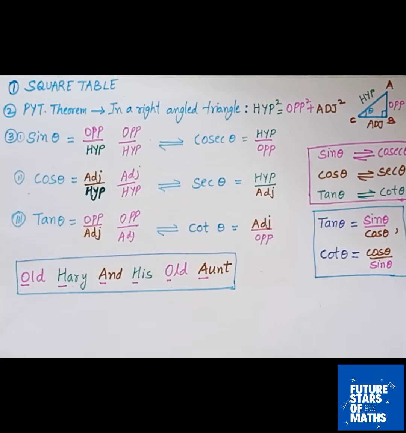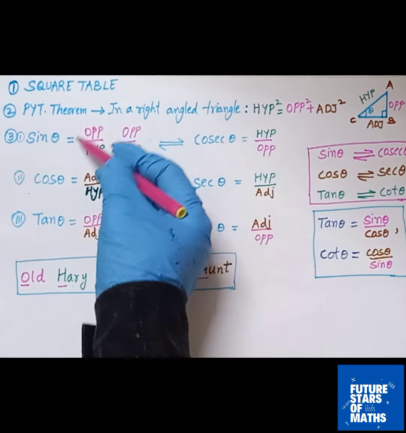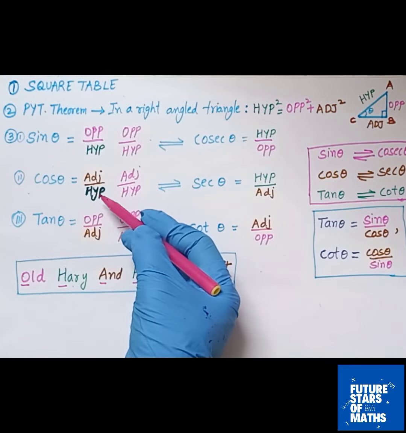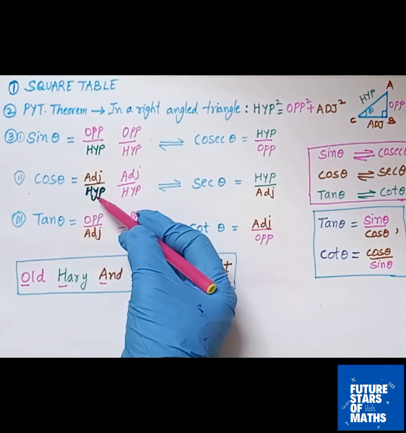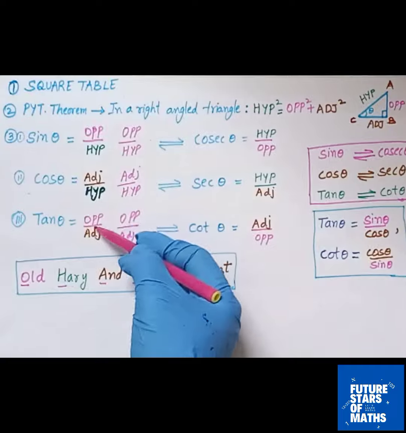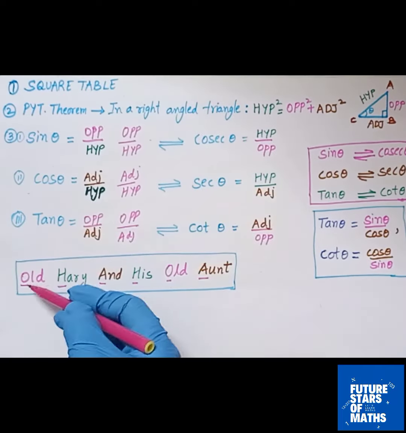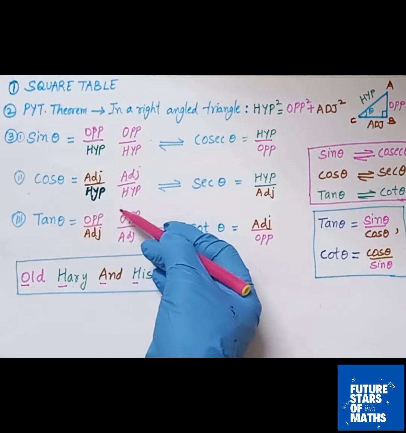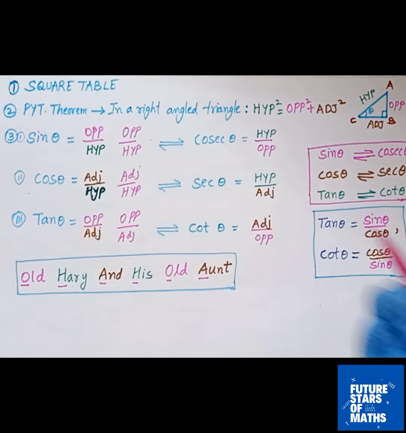It will be very useful if you learn this by heart. But if you are unable to learn it by heart, then you can use this statement and then write sin theta, cos theta and tan theta. After writing this, you can write the inverse ratios, which is very easy.